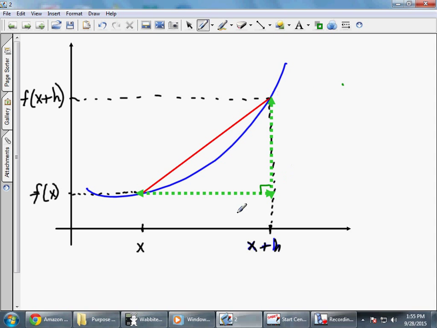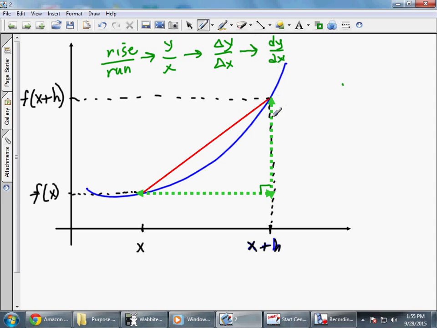Remember back in the day we did rise over run? And then later on we did y over x. And now we're doing delta y over delta x. And then this year shortly we're going to do derivative of y with respect to x, dy dx, what we call Leibnizian notation. Well, this is where we're headed.